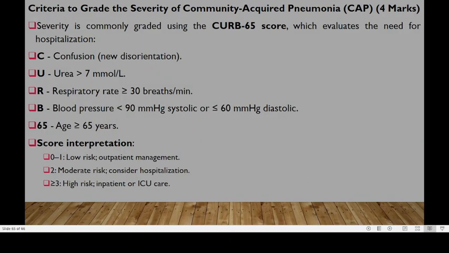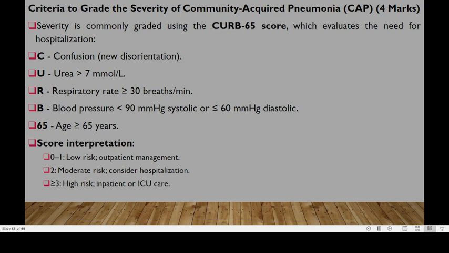For the criteria, we have the CURB-65: look at confusion, any evidence of new disorientation; urea, is it more than 7 millimoles per liter; respiratory rate equal to or greater than 30 breaths per minute; blood pressure less than 90 systolic or less than or equal to 60 diastolic; is the age 65 or more?